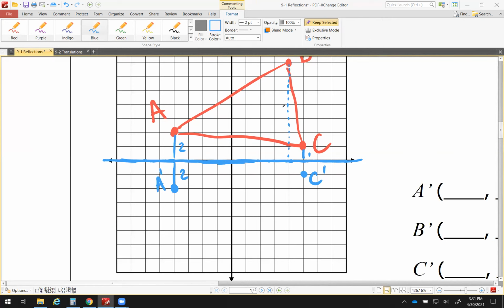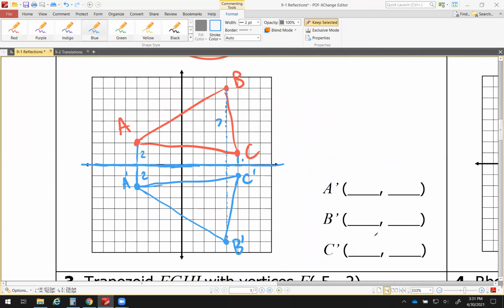That's 1, 2, 3, 4, 5, 6, 7 units up. So our B prime will be 1, 2, 3, 4, 5, 6, 7 units down. There's B prime. And then if you connect the dots here, you've got a triangle that has been flipped over the x-axis. You can think of this highlighted blue line in the middle as being like a mirror.